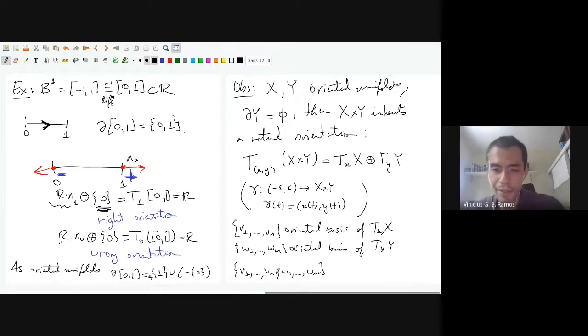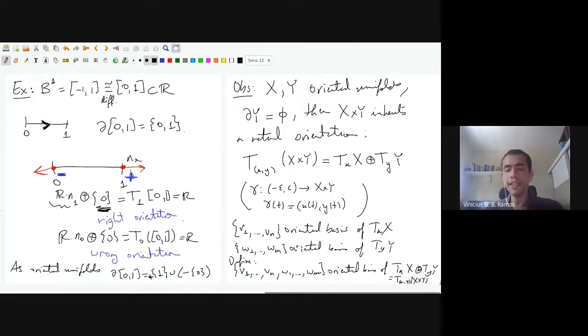And by definition, we define this to be an oriented basis of the direct sum, and hence the tangent space to the product.